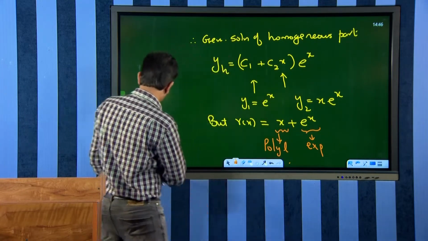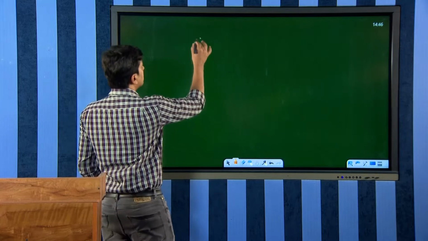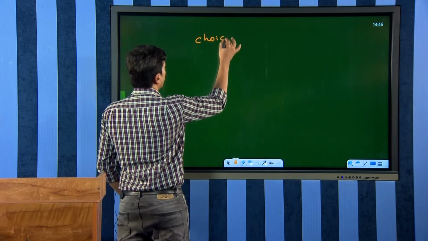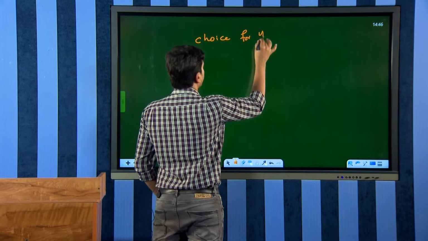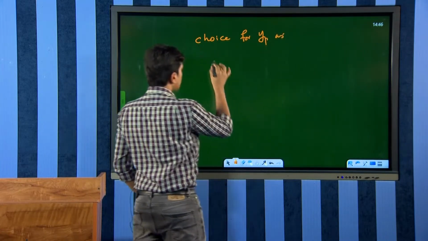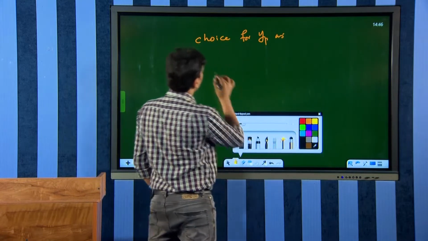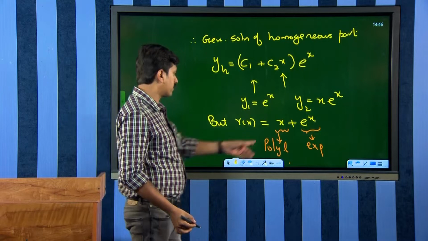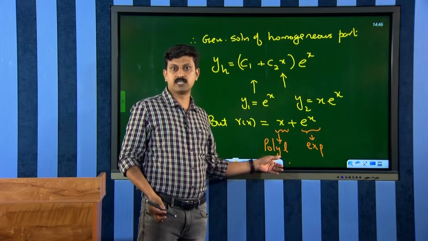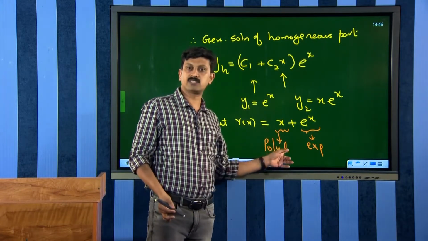So the choice for yp is as follows. Here we have a polynomial function of first degree, therefore k1x plus k naught.